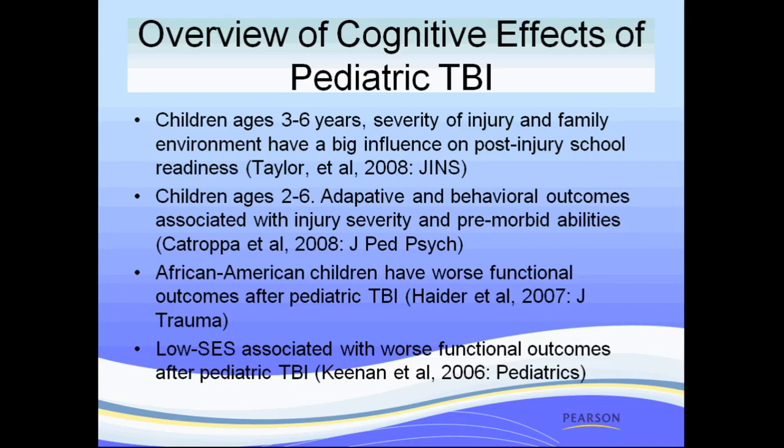Also, kids who came from lower socioeconomic status also had worse functional outcomes after brain injury. So again, the kids who are at risk and then have an injury are going to be at even higher risk, and they're the kids we really need to watch out for and give as much support as we can after they've had this kind of problem.